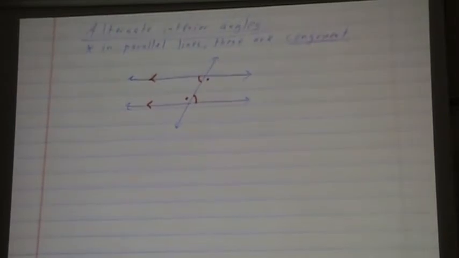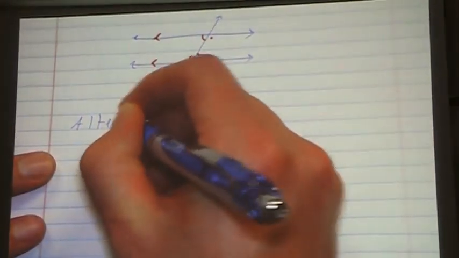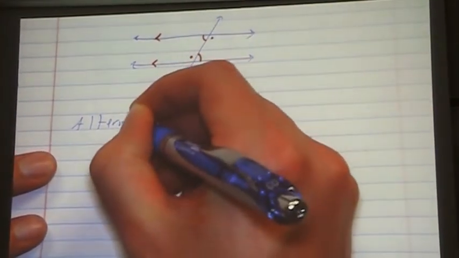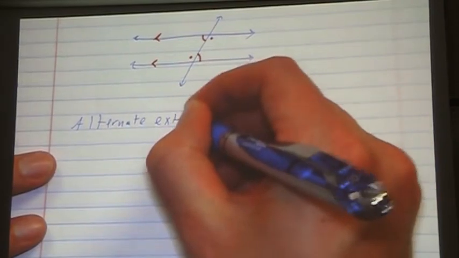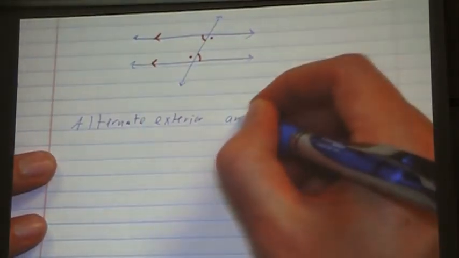Second piece is alternate exterior angles. Okay, alternate exterior angles. These guys are also going to be congruent in parallel lines.